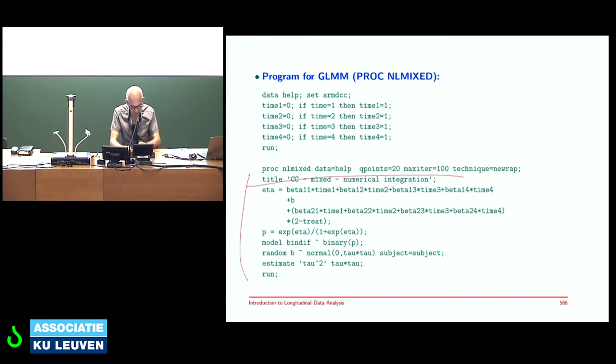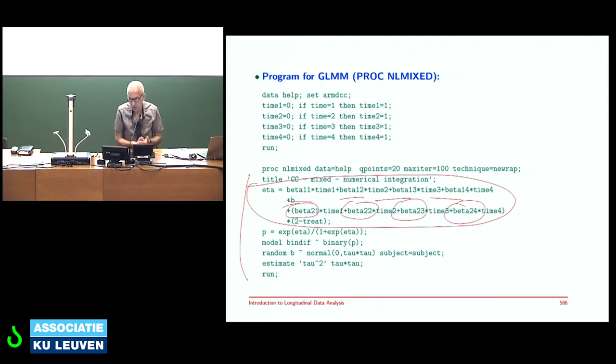You spell out entirely your model here, where beta 1,1, beta 1,2, beta 1,3, beta 1,4 are the intercepts, and then beta 2,1, beta 2,2, beta 2,3, and beta 2,4 are the slopes, not really the slopes, they are the treatment effects, because they apply only when the treatment is equal to the active treatment rather than the placebo treatment.